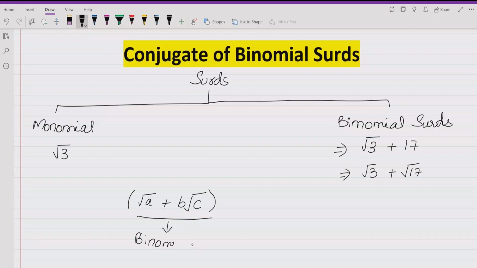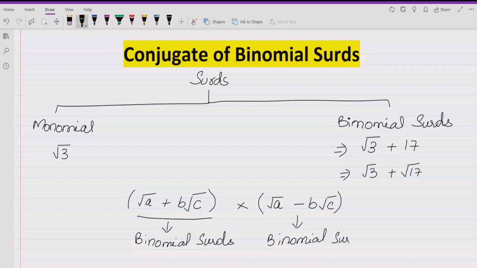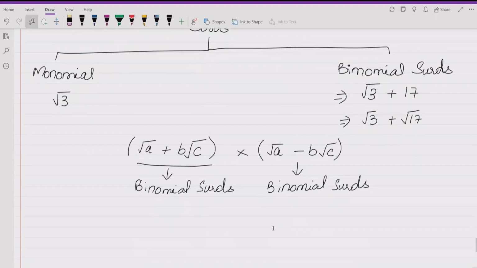And if we have a multiplication sign and the conjugate of this binomial surd, just like this, how can we solve this surd? This is also a binomial surd, but it is the conjugate of the first surd, right? Now we will see how we can solve both of them.